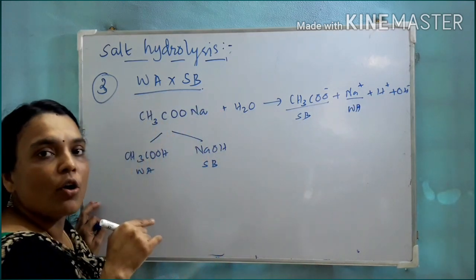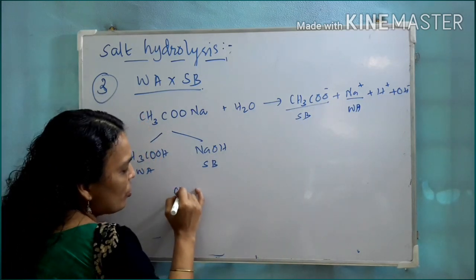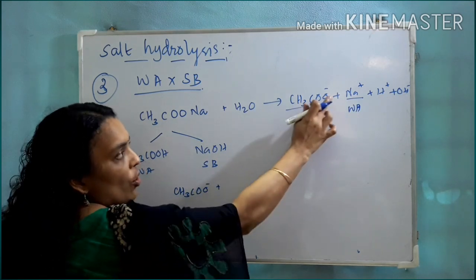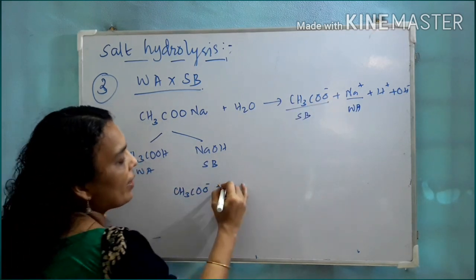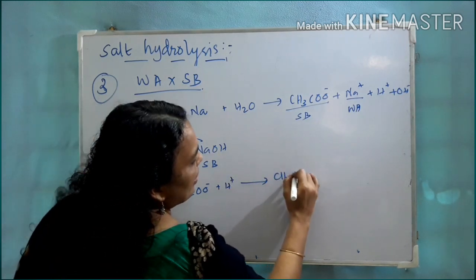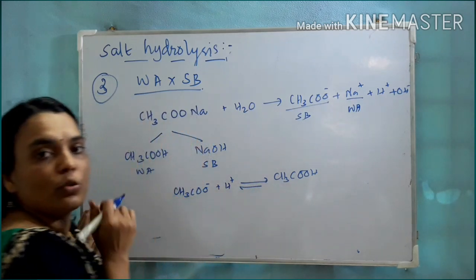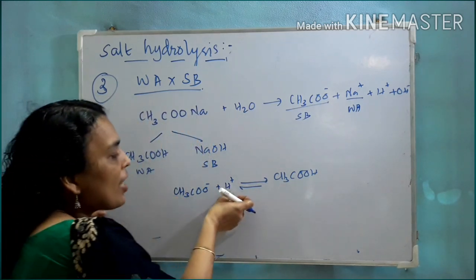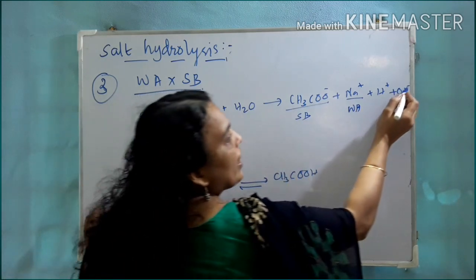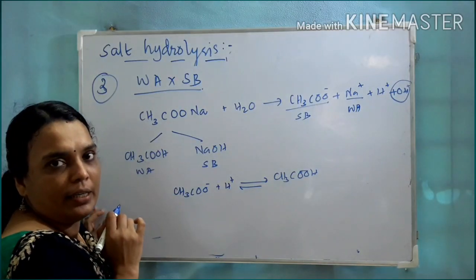So which can undergo hydrolysis? The strong base can undergo hydrolysis. So look here, CH3COO minus is combining with H plus ion and forming CH3COOH. So an equilibrium is maintained inside the solution. So H plus ion participates in hydrolysis. So who is in excess? OH minus ion present in solution is higher.